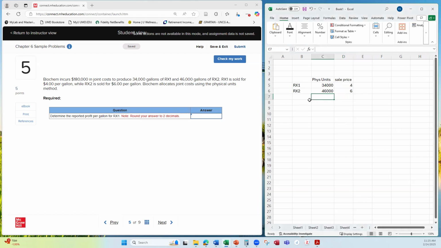So in total here, we've got 80,000 units, physical units here, all right? So looking at how many units we have, we're going to assign a percentage of cost here based on how many units under this physical units method.